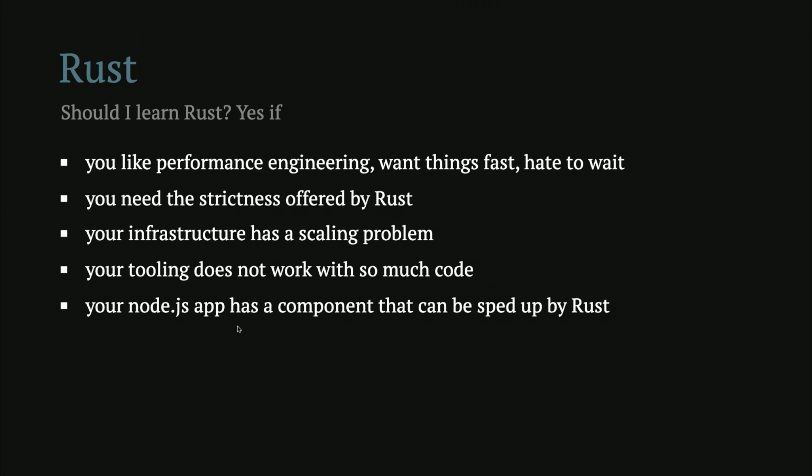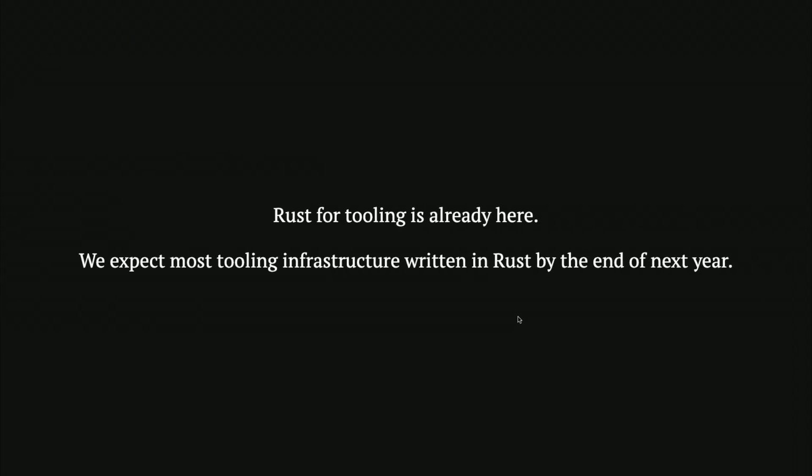And if there's a Node.js component that can be sped up by Rust, you should also try that. So for me, Rust for tooling is already here. You should embrace it. Use Rust and program some small programs and replace parts of your Node.js app to make it fast.